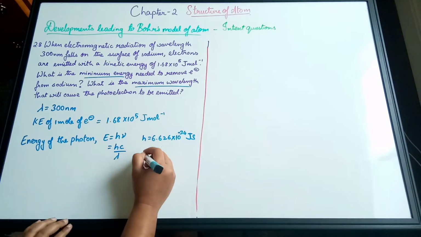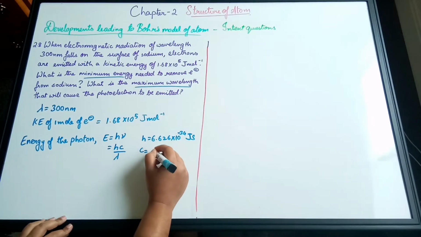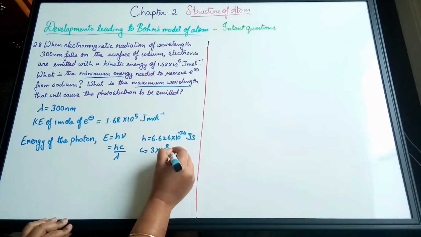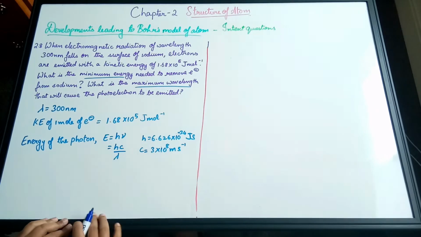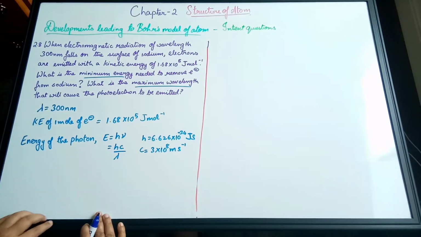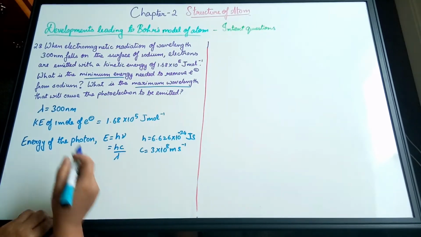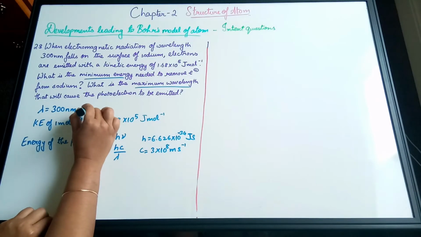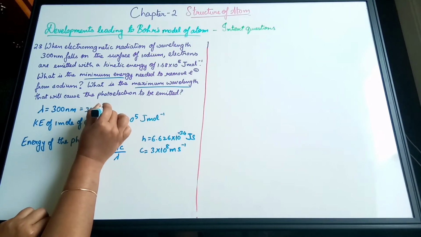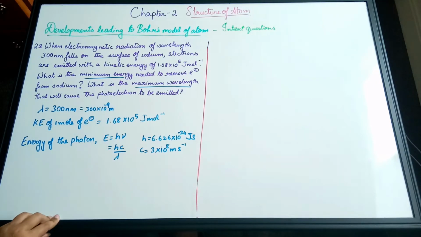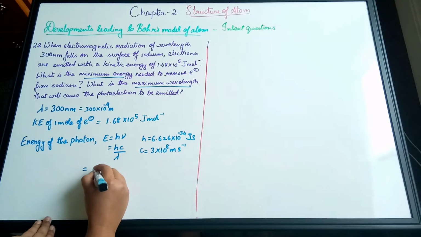We also know that c is equals to 3 into 10 to the power 8 meters per second. We have been given the value of lambda, which is the wavelength. So 300 nanometers, which is 300 into 10 to the power minus 9 meters. Okay, so we are just substituting all of this.